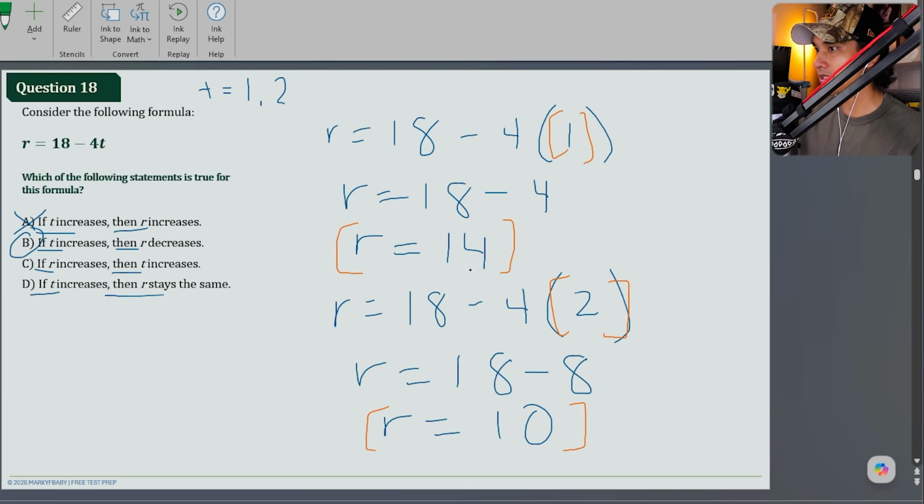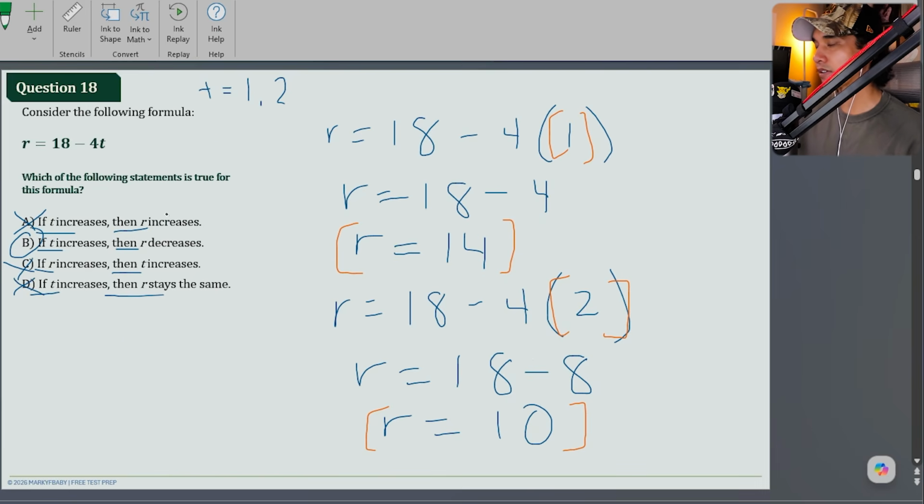We're just going the opposite way. Then t increases. That is wrong. T actually decreases from 2 to 1, right? We're going backwards this time. If t increases from 1 to 2, r stays the same. No, r decreased, right? Is 14 equal to 10? No, it did not stay the same.